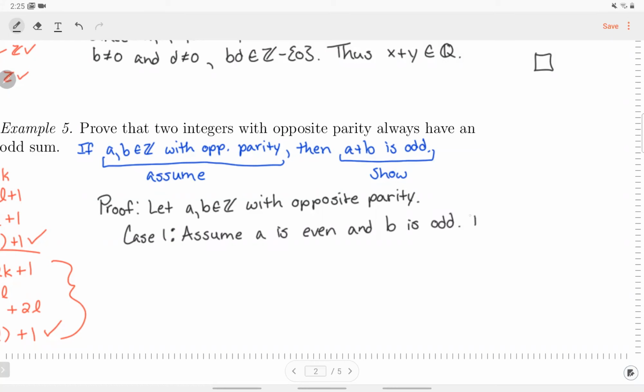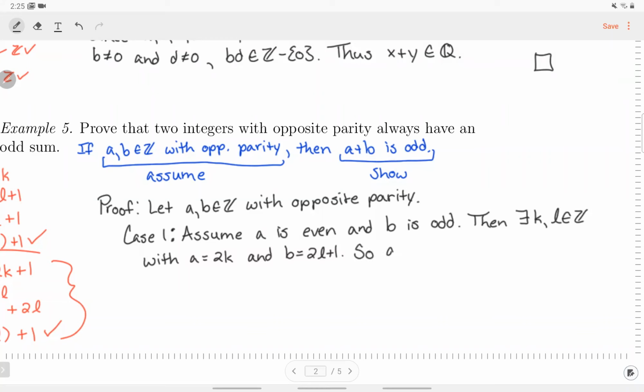Then there exist K and L in the integers. We want to be sure we state they're integers with A equals 2K and B equals 2L plus 1.